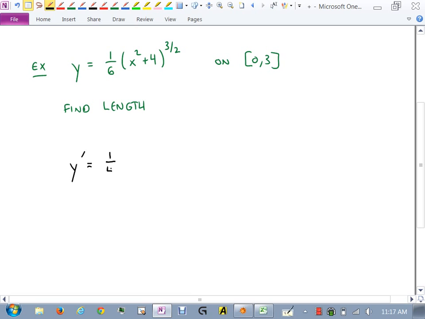So 1/4 times (x squared plus 4) to the 1/2, times the derivative of what's inside, which is 2x. So this is just going to result in 1/2 x times (x squared plus 4) to the 1/2.